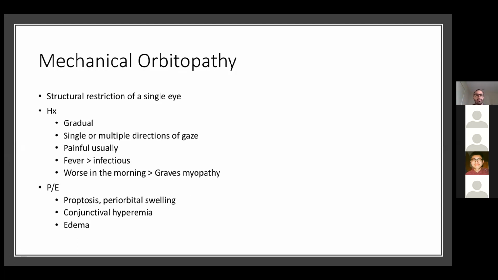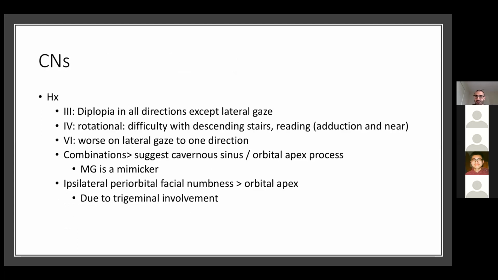If there is a history of fever, of course, think about an infectious etiology. If it's worse in the morning, think about Graves' myopathy, which classically is worse in the morning. And then usually the patient will have proptosis, periorbital swelling, conjunctival hyperemia, or edema.